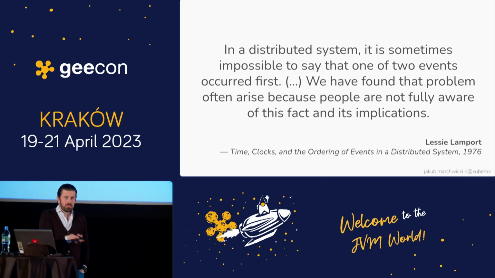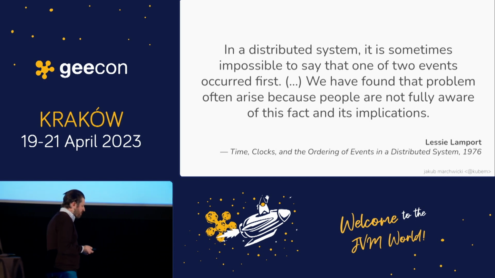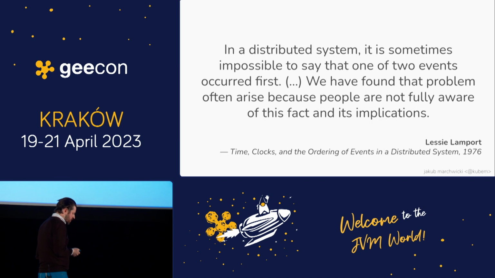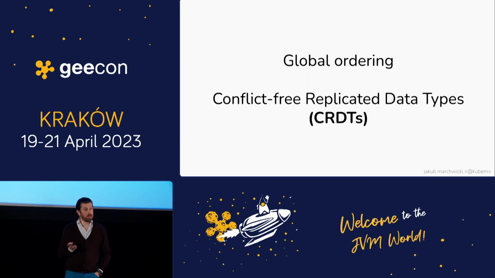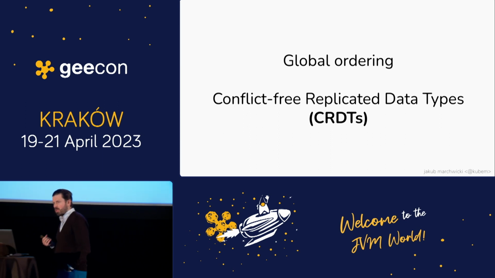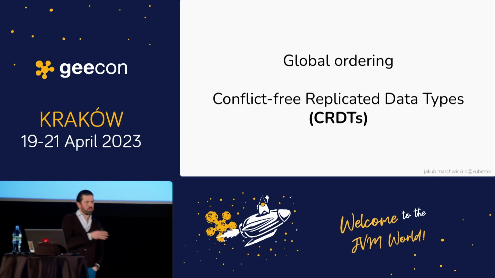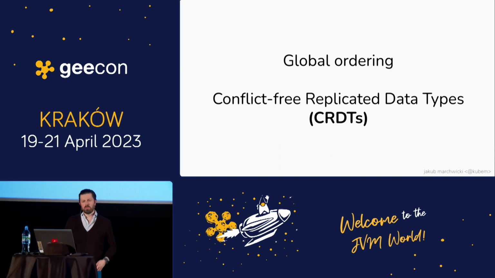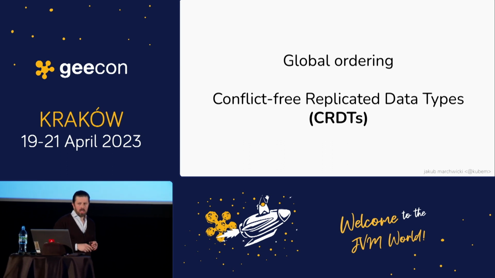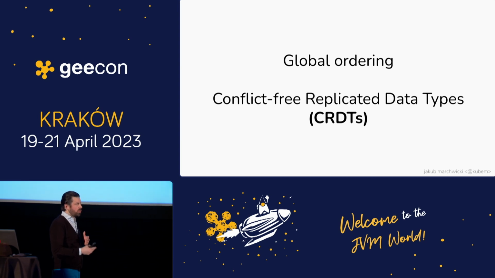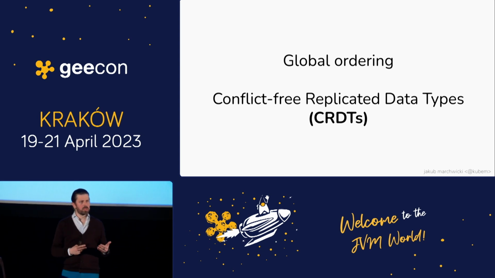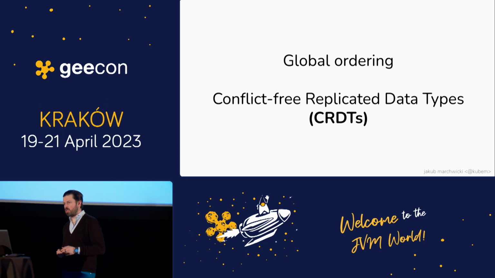There are two other concepts that we have to tackle a little bit: global ordering and conflict-free replicated data types. Can we decide on causality in the distributed system? Can we decide which change we should apply? What was first, what was second, and what is the implication?